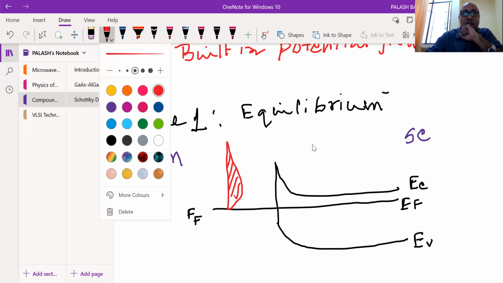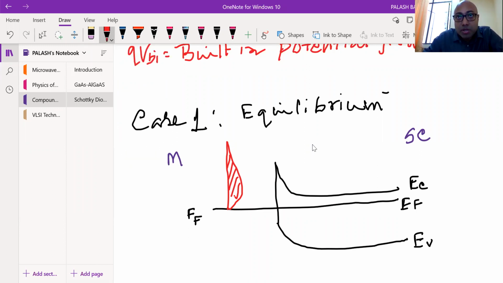Now I have to draw the carriers in the semiconductor. In this curve, you have metal to semiconductor, correct?